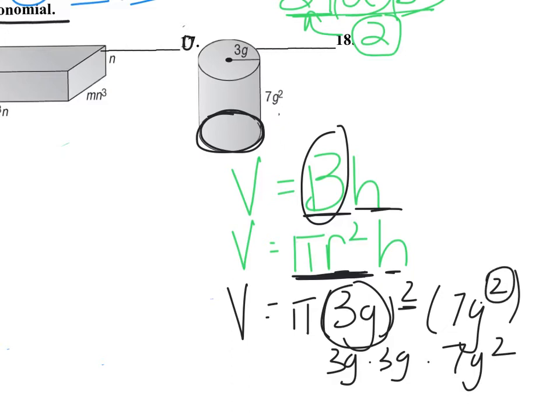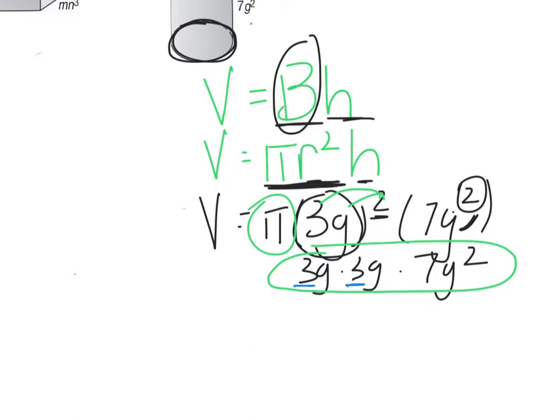This 2 is on the inside of the parentheses, so it only applies to the g, not to the 7. Whereas this one, the 3 gets squared and the g gets squared because it's outside of the parentheses. Now you can pause the video and simplify 3g times 3g times 7g squared times pi for your final volume answer for number 18.